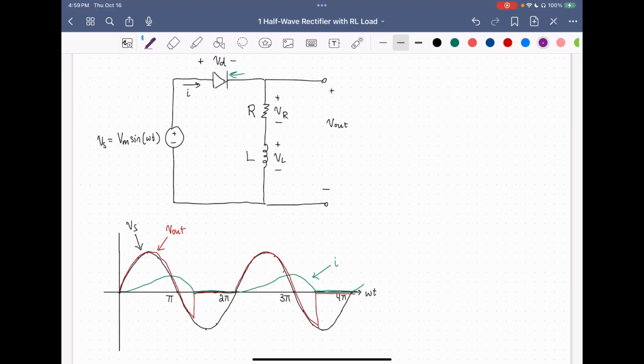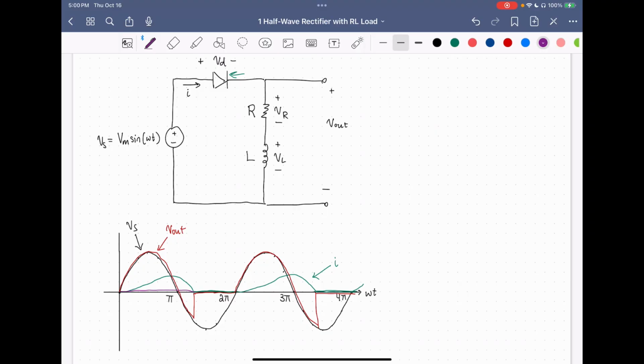So then what does the diode waveform look like? When it's conducting, it's just a short circuit, so there's no voltage across a short circuit. But when it's an open circuit, we know that it has to be equal to Vs by KVL because Vout is zero.